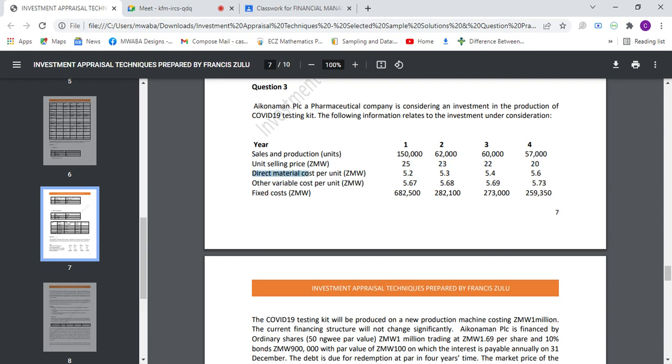We've got the direct material cost per unit, which is highlighted here, and the other variable cost per unit, and our fixed cost. So this information will be relevant to us when we're calculating the net present value of this investment, because we're going to use this information here.